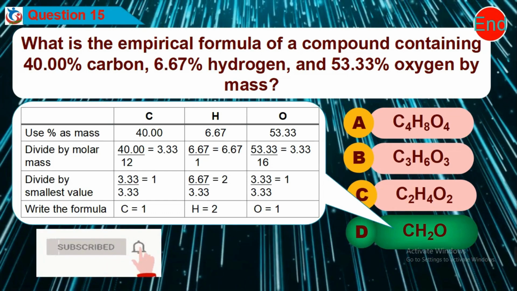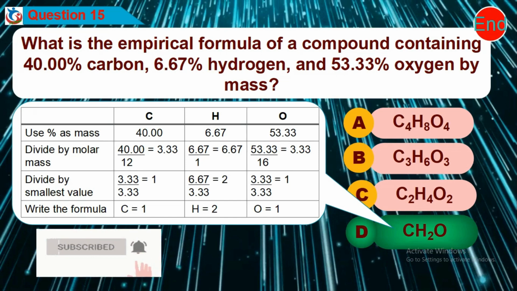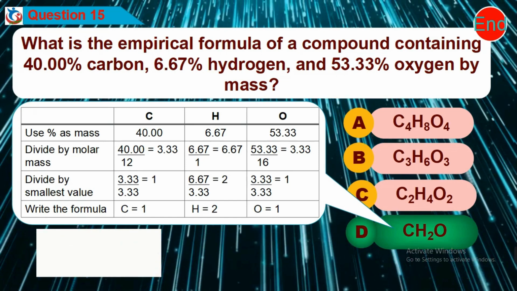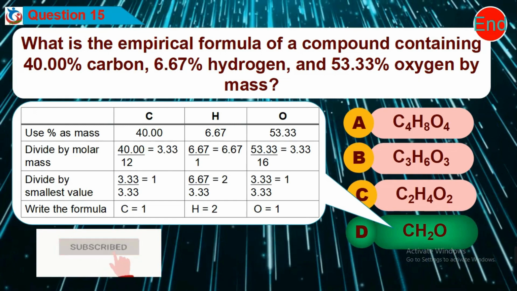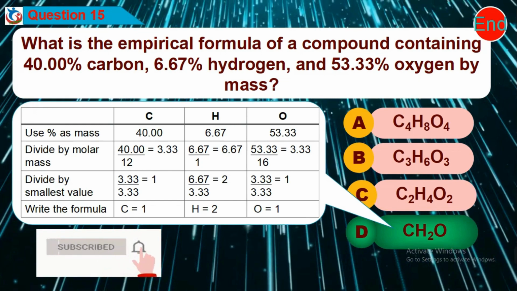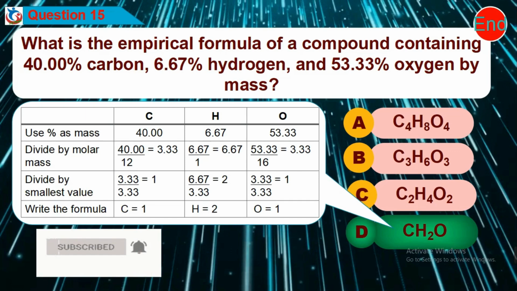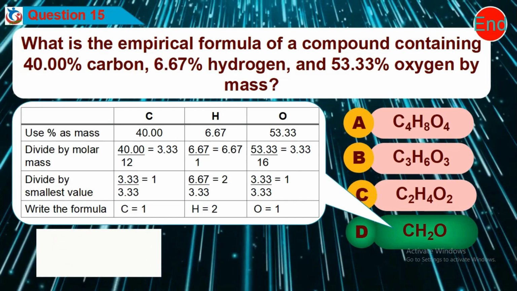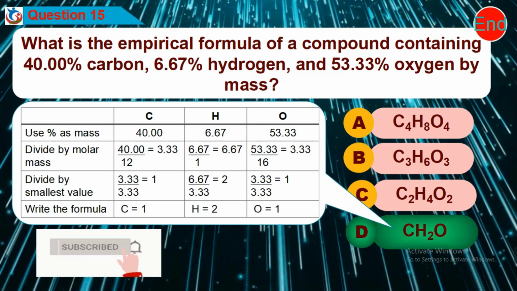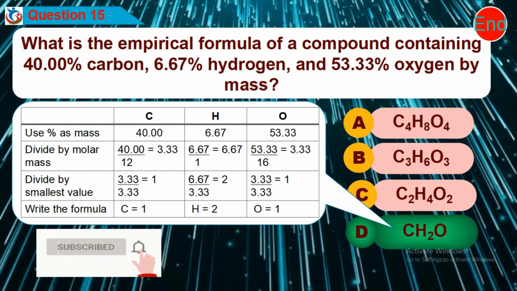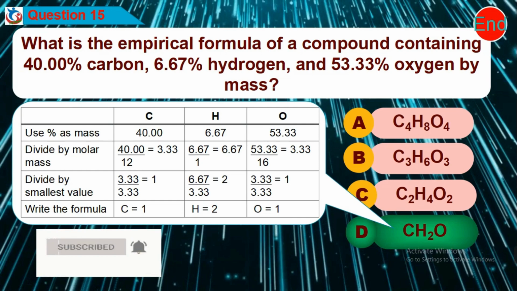So therefore, we can use the percentages as the mass. So use percentage as mass. Carbon will be 40, hydrogen will be 6.67, and oxygen will be 53.33. And the next thing to do is to divide by the molar mass. The molar mass of carbon is 12, the molar mass of hydrogen is 1, molar mass of oxygen is 16.